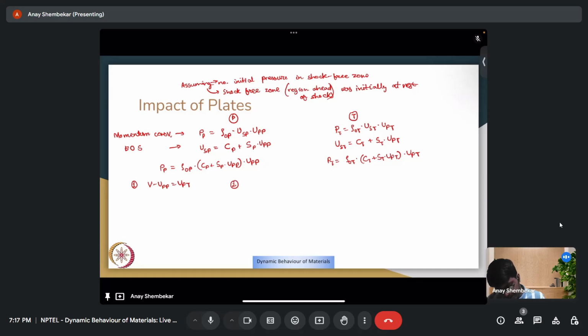The second condition, substituting the first into these equations, is P projectile equals P target, which gives rho naught projectile into C projectile plus S projectile UPP, into UPP, equals rho naught T into CT plus ST into V minus UPP, into V minus UPP.